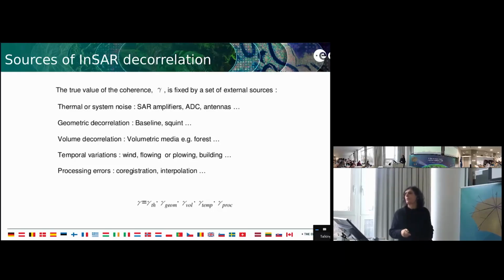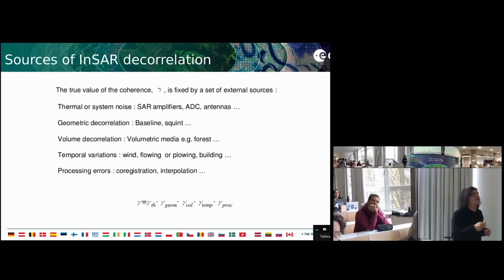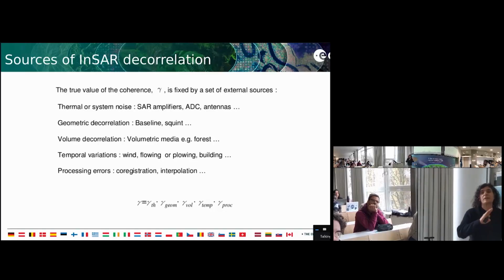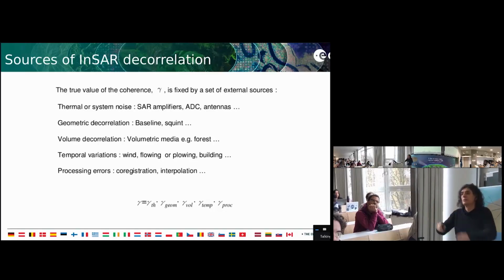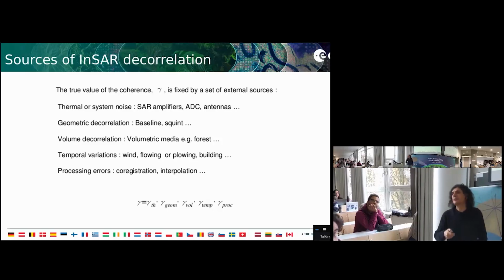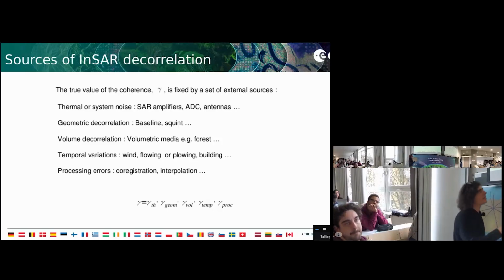Okay. One important point is that the total coherence is well represented by the product of all these terms. So it means that if somebody fails during the processing of your interferometric images, let's say you have a loss of correlation due to a bad processing. Okay?